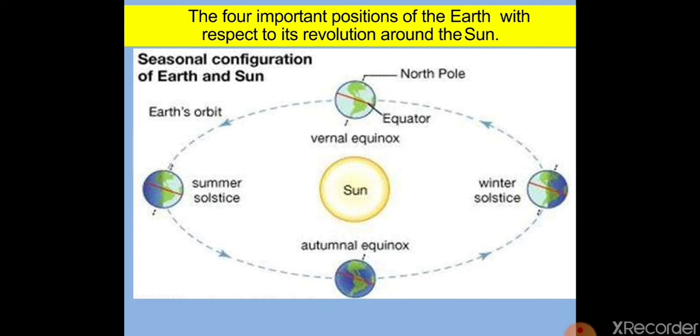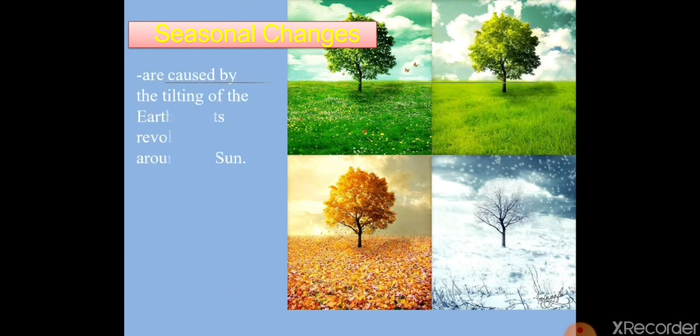It's all because of the inclination of the earth, and throughout the orbit you can see the earth is inclined in the same direction. That direction is not changed in any position. And seasonal changes are caused by the tilting of the earth and its revolution around the sun.